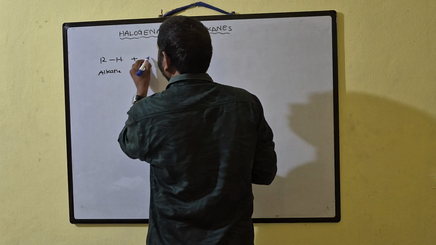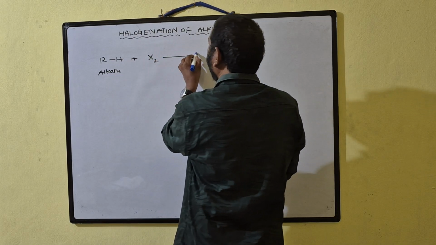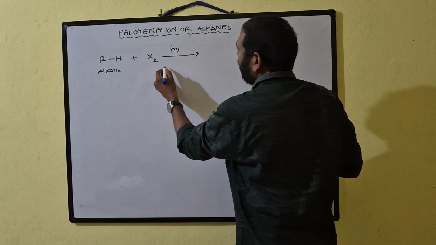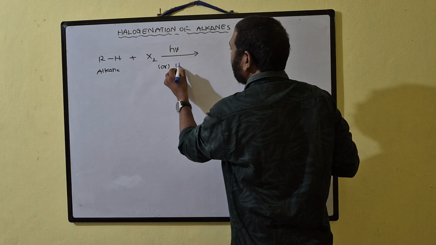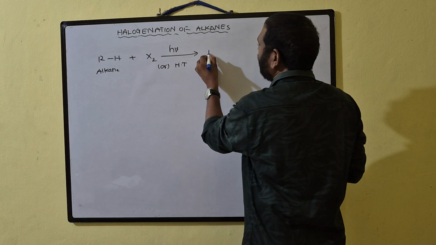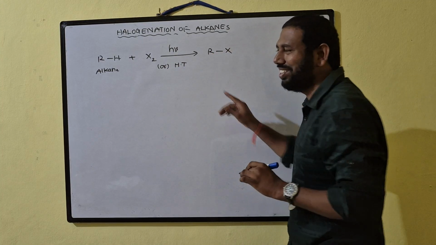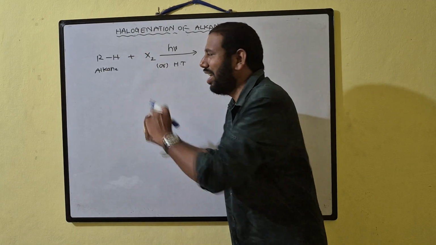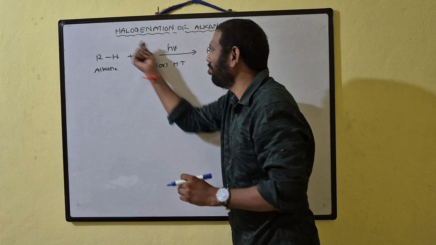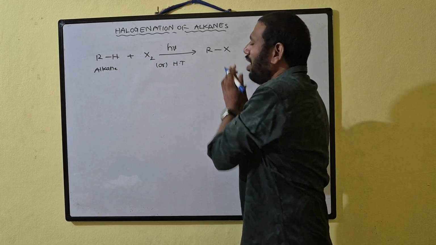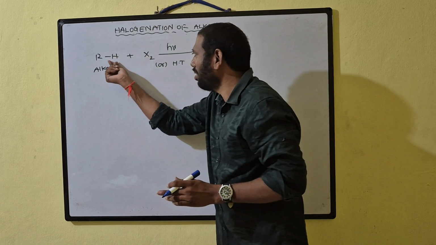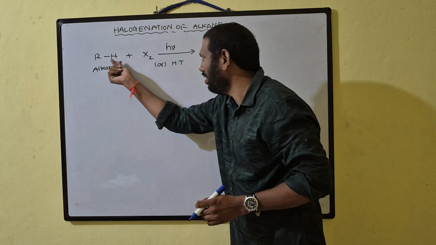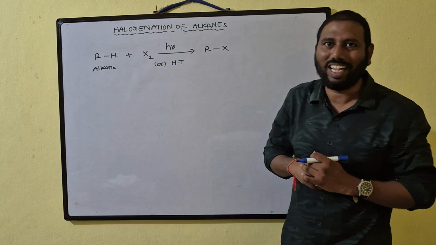Alkane reacts with halogen in presence of sunlight, h nu, or in presence of high temperature, and it produces haloalkane. In this reaction, hydrogen comes out and halogen comes in, forming haloalkane. Here, hydrogen is substituted with halogen. It is a substitution reaction.